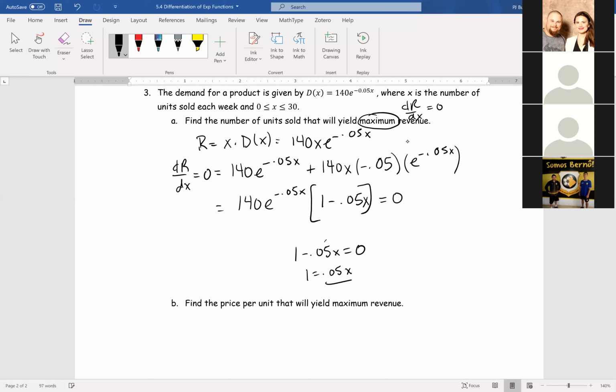You move your 0.05 over there, make it plus, and then divide by 0.05. So x comes out to be 20. And again, an indicator that you did something wrong is if that number didn't fall in your domain up here.